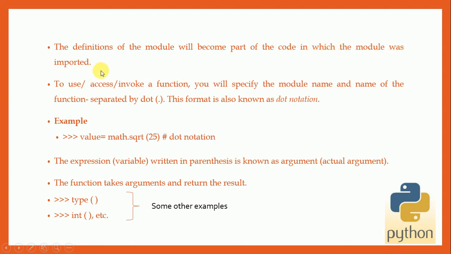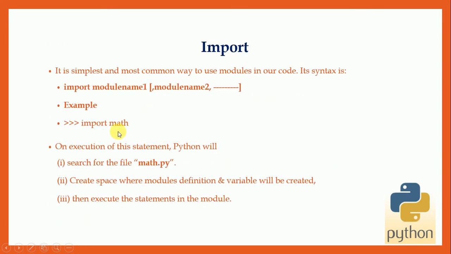To access or invoke a function, you specify the module name and the name of the function separated by a dot. That means first we have to write import math. Our aim is to find the square root of a particular number. First we import that particular module. Clear? That means import math. Math is our module.